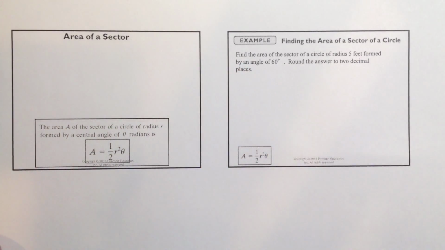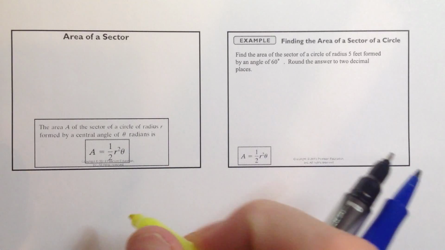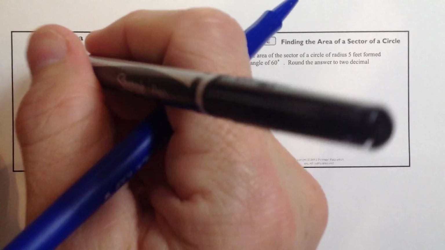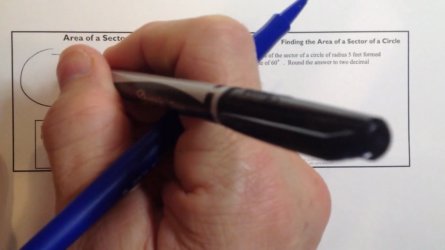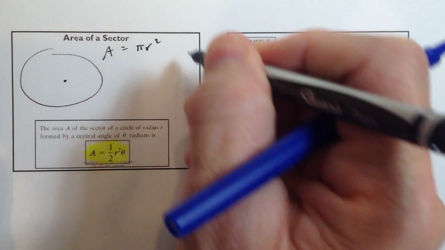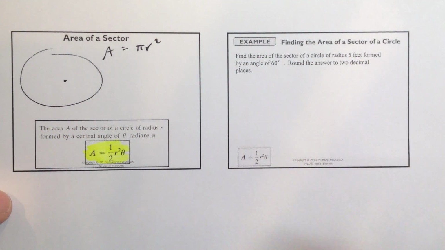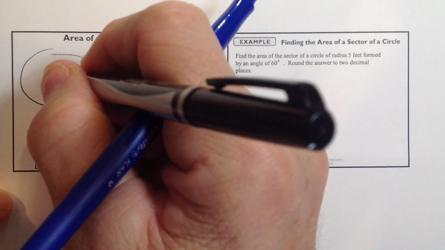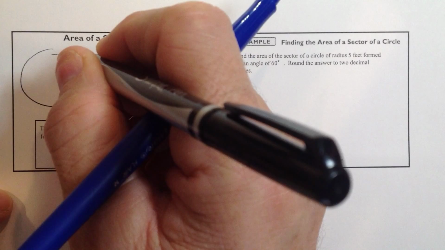We've got area of a sector. And for area of a sector, we have a formula, and I'd like to show you where the formula comes from. We know the area of a circle is pi r squared. Let's just draw a random angle here.